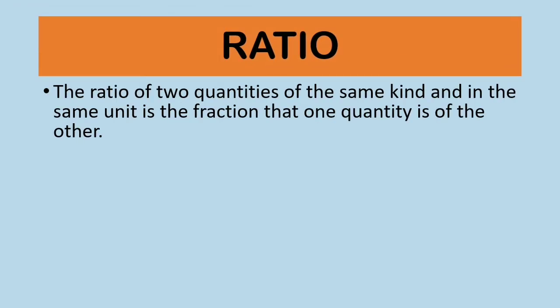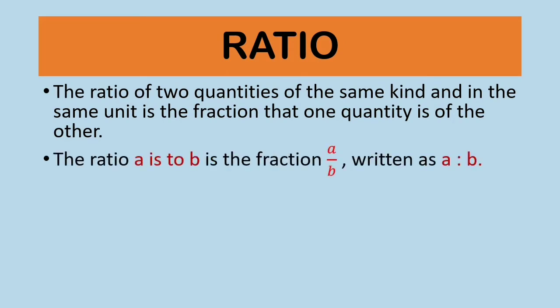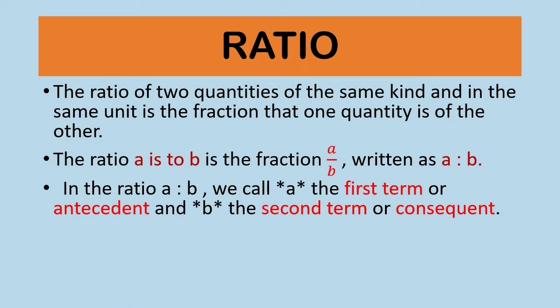The ratio of two quantities of the same kind and in the same unit is the fraction that one quantity is of the other. The ratio A is to B is the fraction A by B, written as A:B.